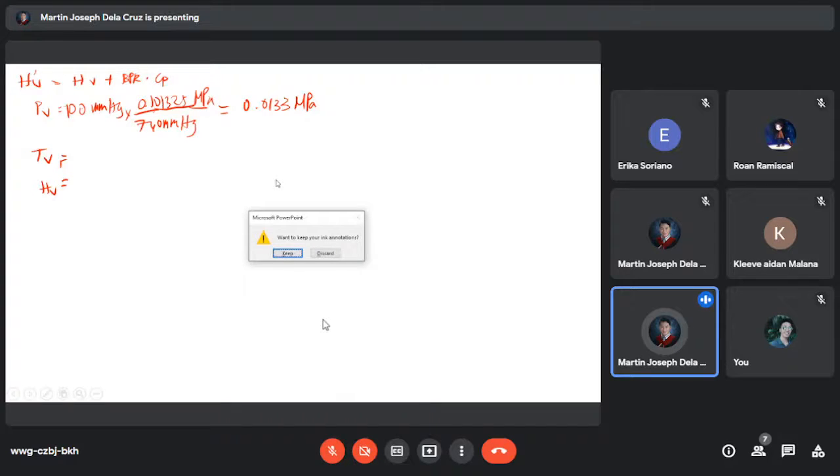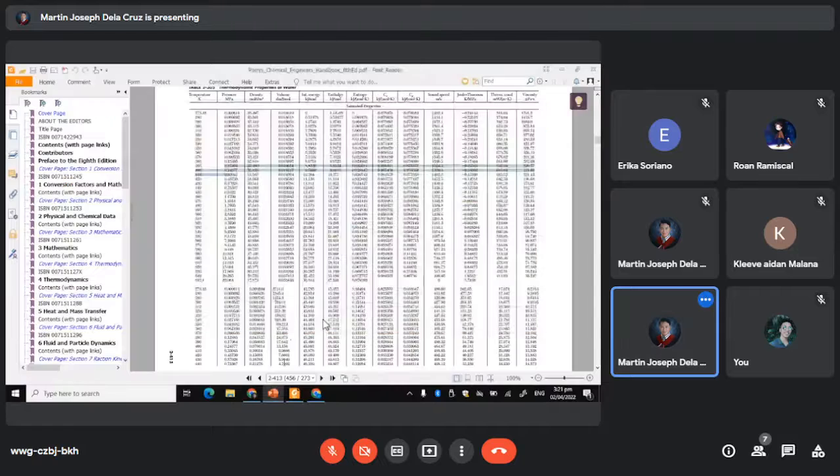So in here class, 0.0133. So, it's around, dito na lang class. Kasi since vapor naman, dito. Ito. So temperature should be between 320 and 330 and convert it to degrees Fahrenheit.